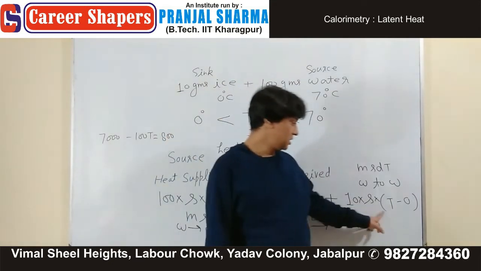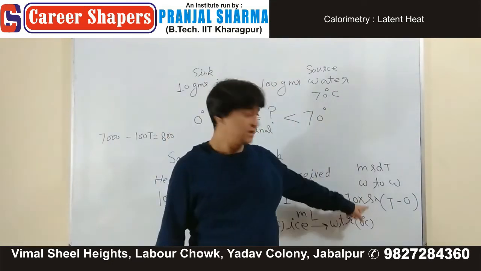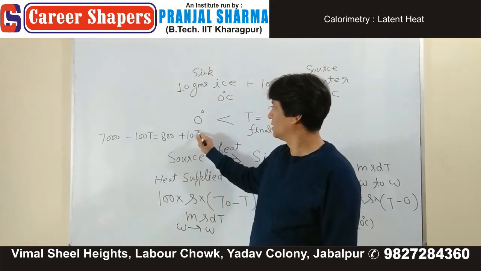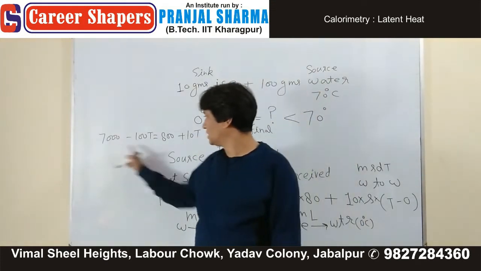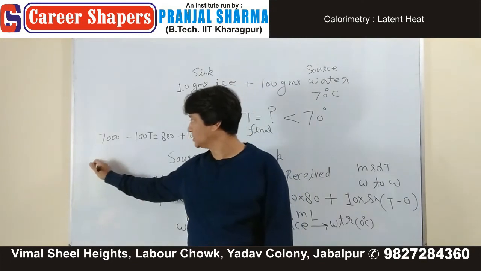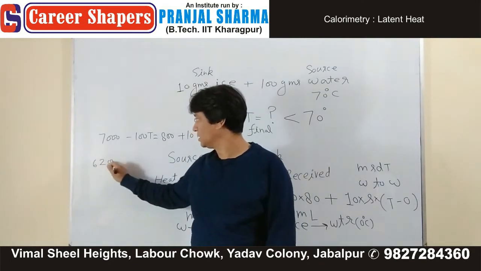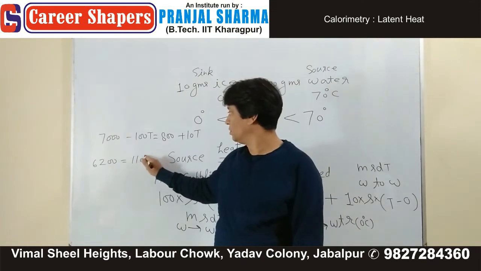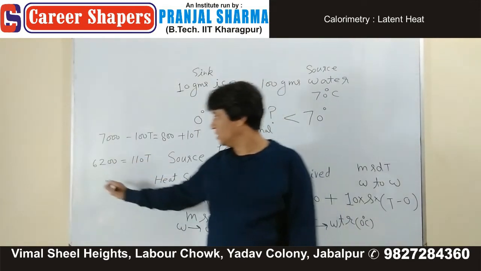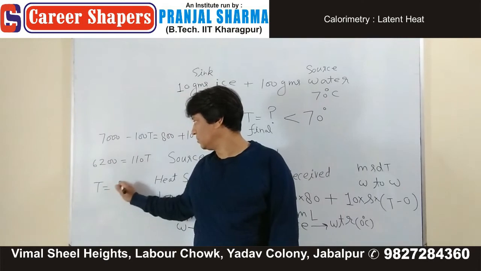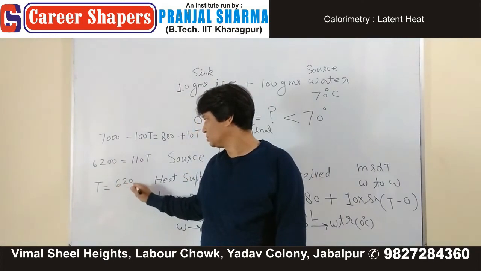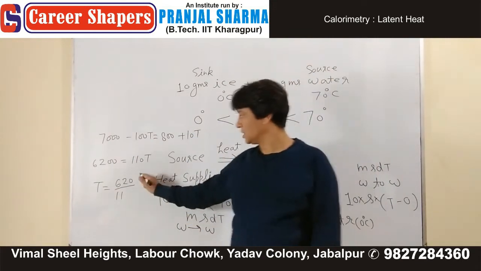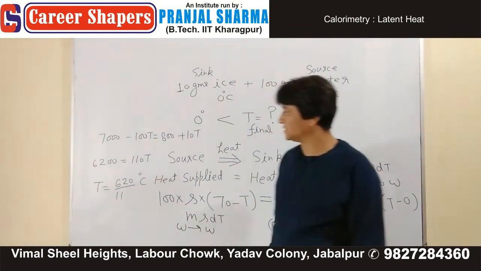And this is your 10 ST. S is 1, 10T. This is giving us 7000 minus 800, which is 6200, equals 100 this side, 110T, or your T is coming 620 divided by 11 degrees Celsius.